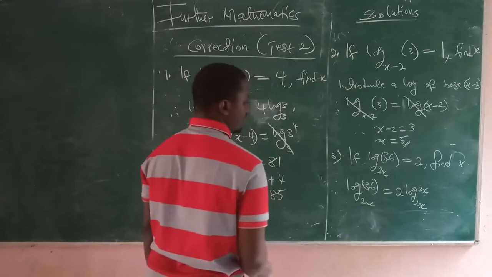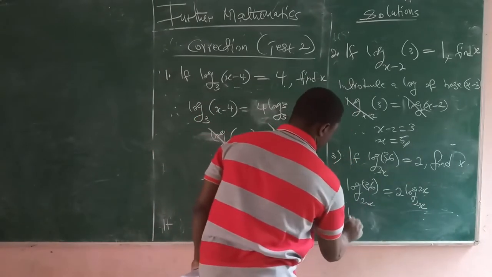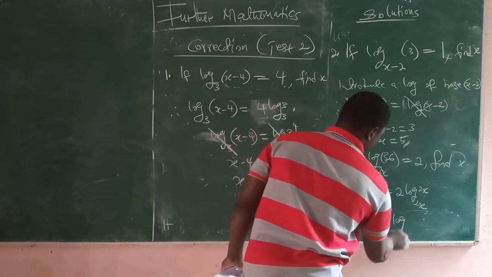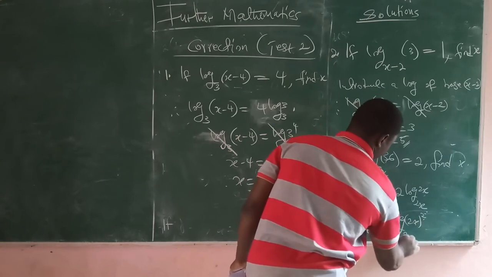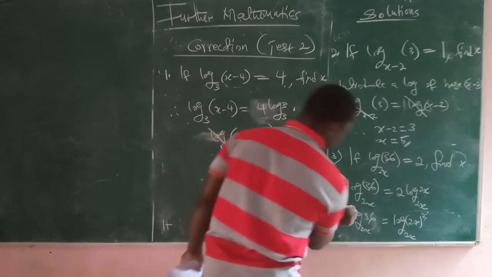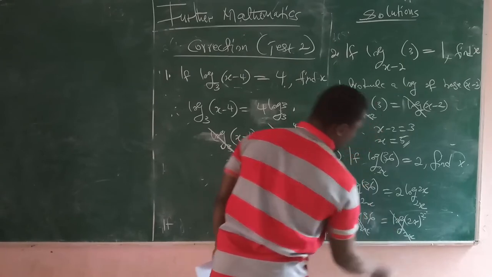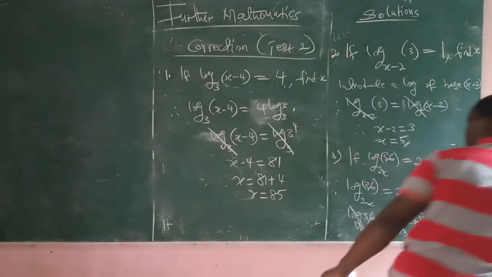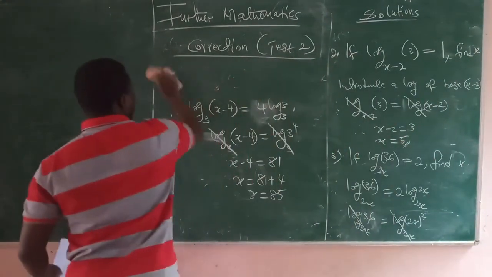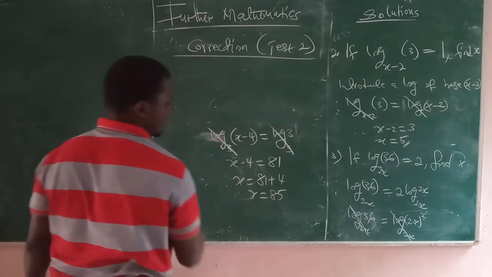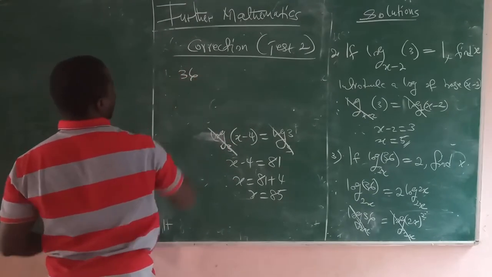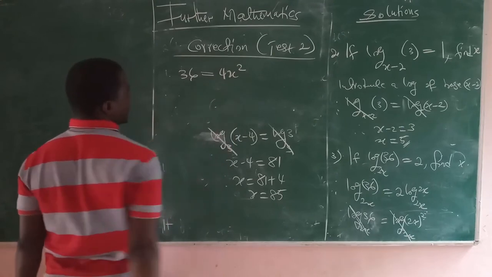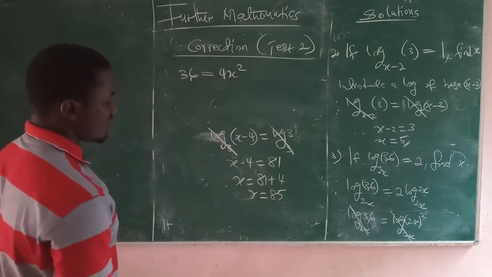So here I'm going to now take this to give me log 36 base 2x is equal to log 2x power 2 base 2x. So in this case, log base 2x will cancel log base 2x. And so what is left? 36 is equal to 4x squared. Is that? Yes. 36 is equal to 4x squared.